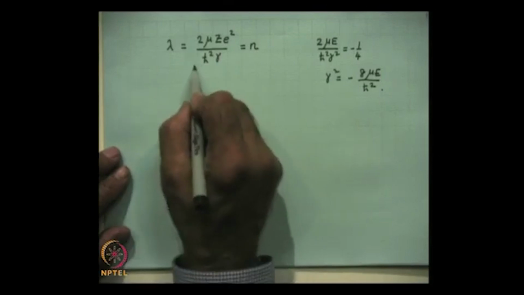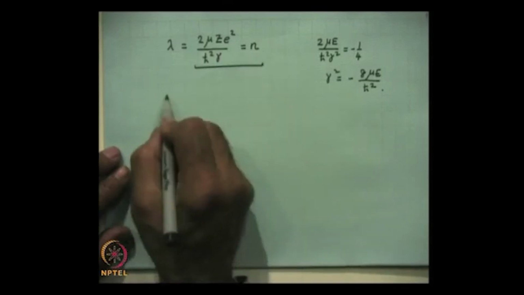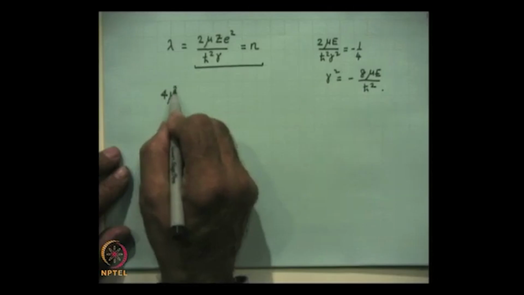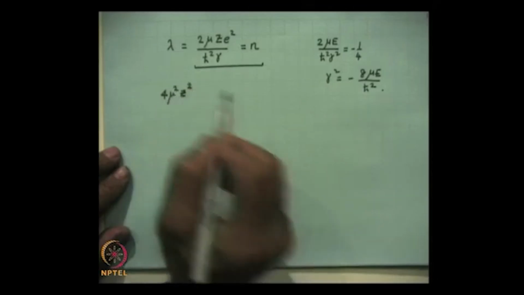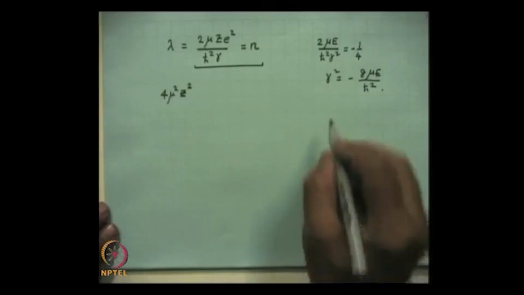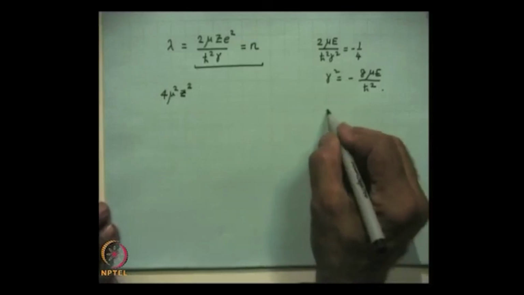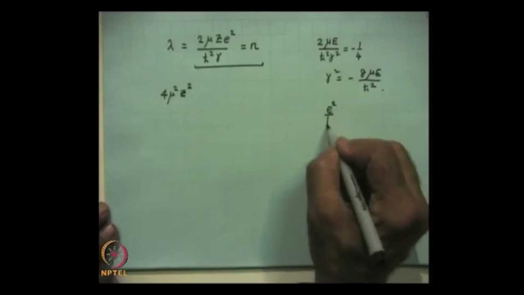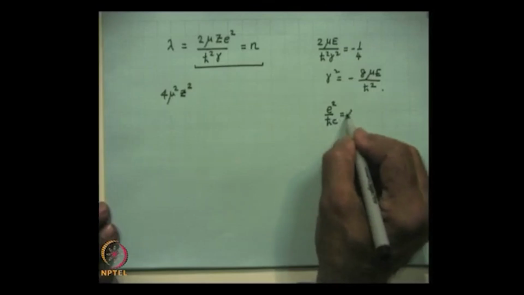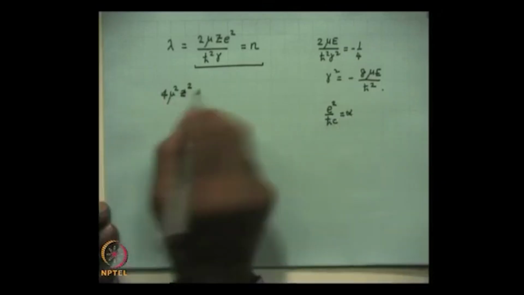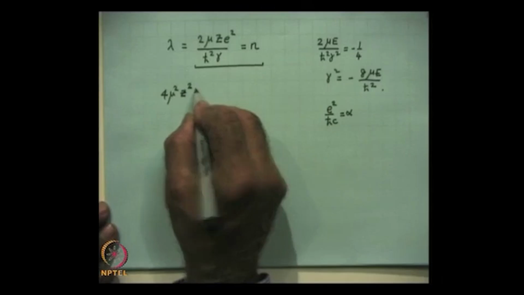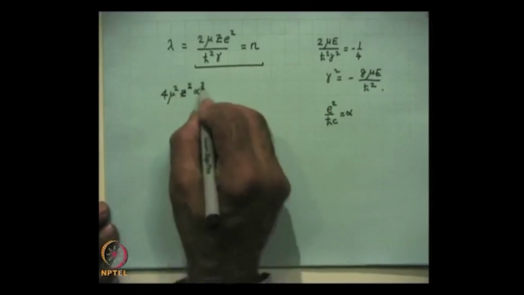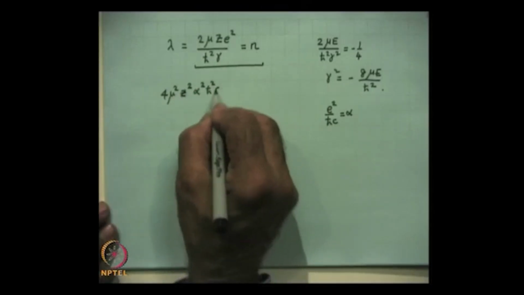So, if I square this, it is very easy: 4 mu square Z square e to the power 4. Okay. Now, I will do one more simplification. e square by h cross c is equal to alpha. So, this will be e to the power 4, therefore alpha square h cross square c square.